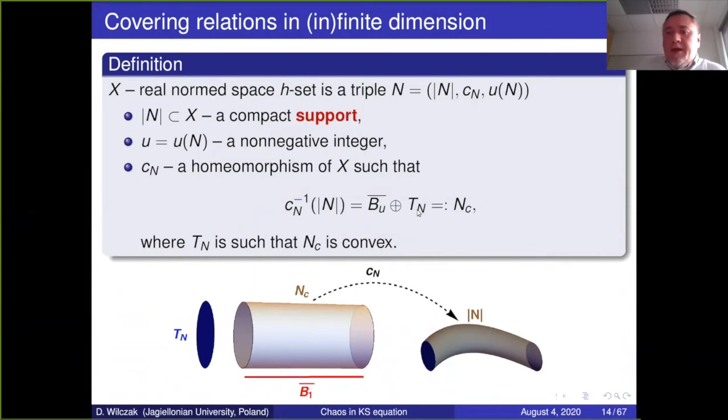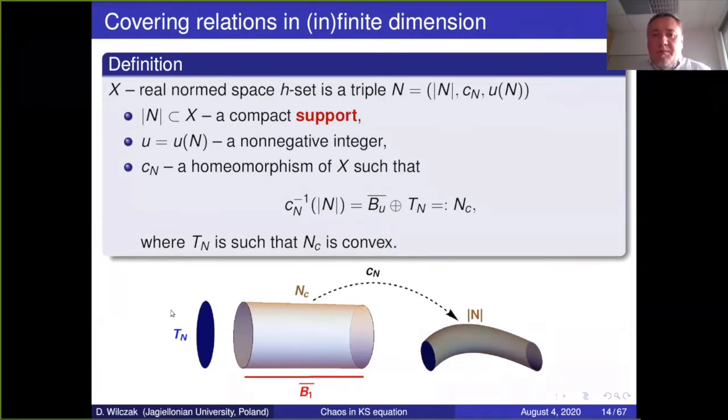The difference between the infinite dimensional version and the finite dimensional version is that in the finite dimensional version here was a ball also. Of course, a ball is convex, but in infinite dimension we cannot speak about the interior of sets, because usually we play with compact sets which have empty interior. So this is why we are choosing only this assumption that we have a convex set here.